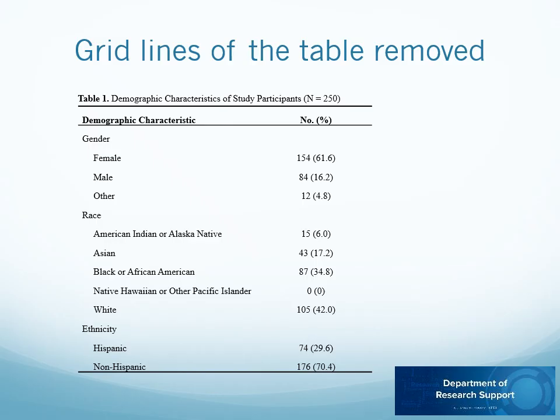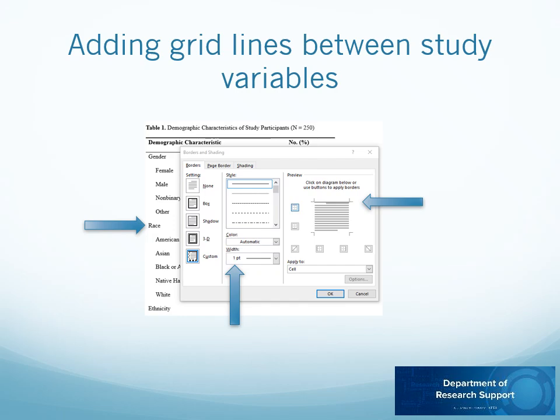If your table is long and complicated, though, it is sometimes necessary to add a horizontal grid line between individual study variables. To add grid lines between study variables, use the previously described steps for adding grid lines. However, when adding those lines inside a table, make sure your line width is 1 point.